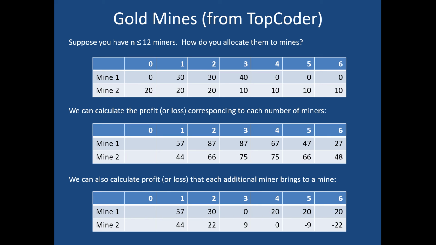On the other hand, if you have 2 miners, your profit in mine 1 is going to be 87. 3 is still going to be 87, and so on. And similarly for mine 2. So the first step is just to compute, for any given number of miners, the profit or loss for that number of miners. And then see if you can figure out where this table came from.